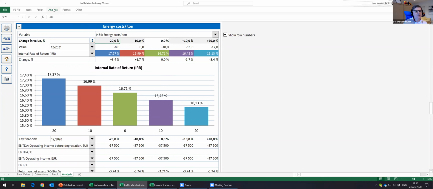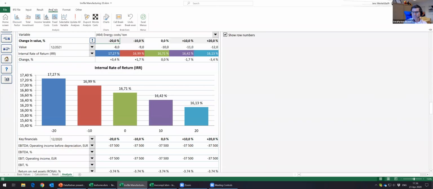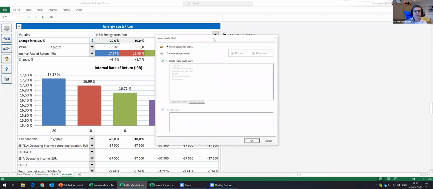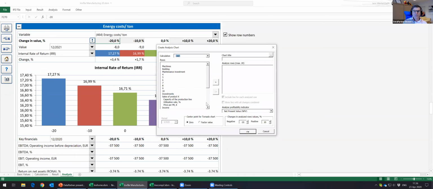Okay, forward, when I go forward with the sensitivity analysis, we have charts function to create standard charts, and we have analysis chart like spider chart and tornado chart. Let's do the tornado chart. And I can include whatever variables from my calculation.